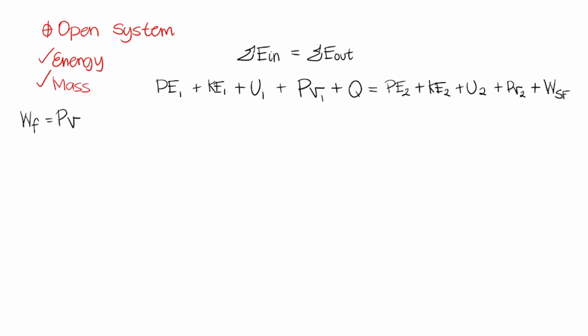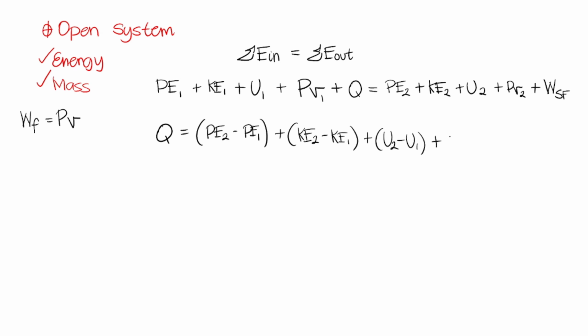So again, transposing everything to the right side and leaving the applied heat on the left side, we will be left with Q is equal to potential energy sub 2 minus potential energy sub 1 plus kinetic energy sub 2 minus kinetic energy sub 1 plus the change in internal energy plus yung nadagdag na flow work P sub V2 minus P sub V1 plus our work steady flow.